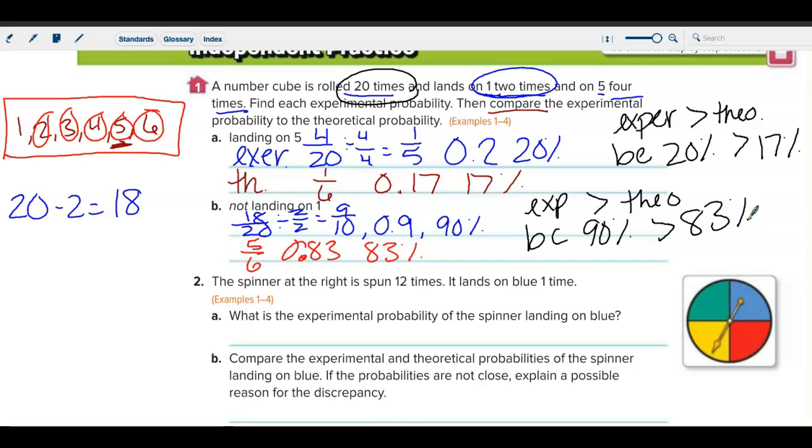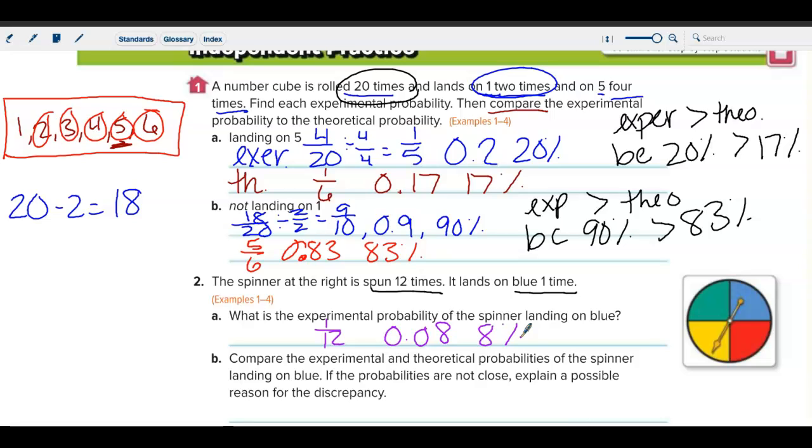Number 2, so the spinner at the right is spun 12 times, and it lands on blue 1 time. What is the experimental probability of the spinner landing on blue? So it actually landed on blue 1 out of 12, which is the same as 0.08, which is the same as 8%.